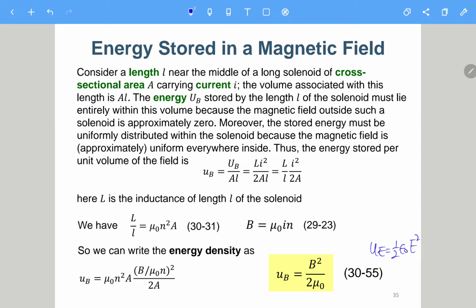So just as I mentioned, you change epsilon naught to 1 over mu naught, so mu naught is here in the denominator, and then change E to B. Then you can change this equation to this one. Okay, but how can we verify it? This is not a strict proof. It only verifies it with an inductor.